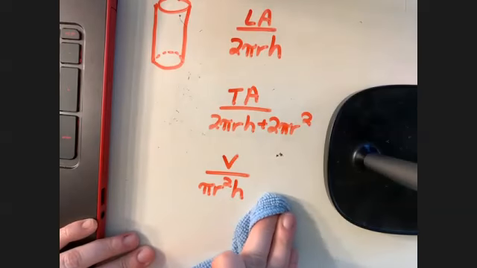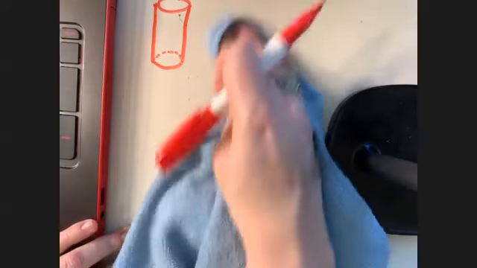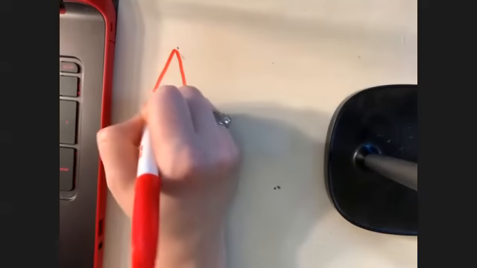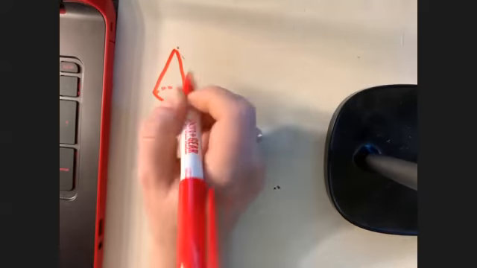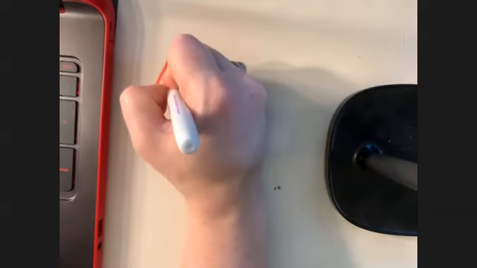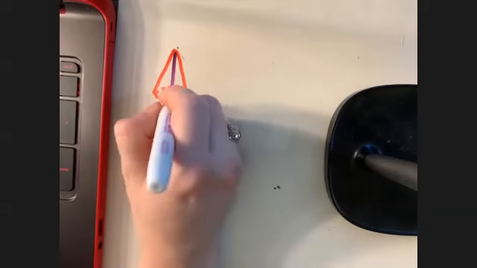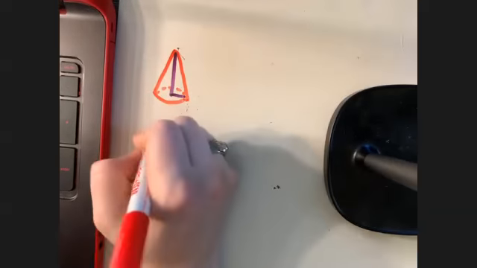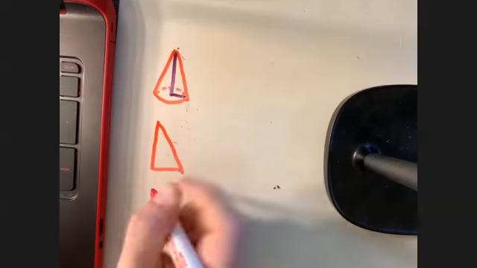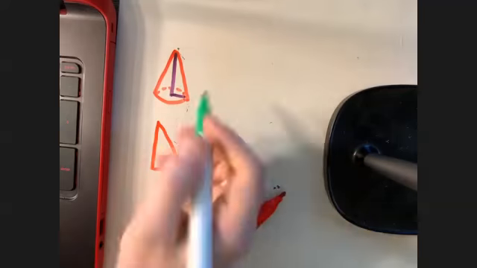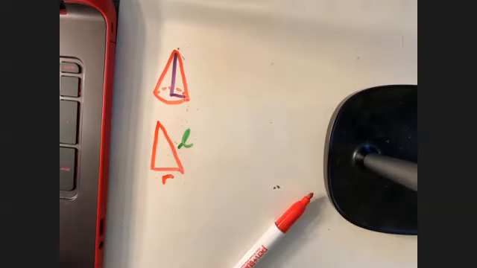We also have, dealing with circles, cones. Again, with the cones, we're going to have that height line, and then we've got that other shape, that little triangle. This time, because we're dealing with a circle, this is going to be a radius. This is still going to be our slant height, and this is going to be our regular height.